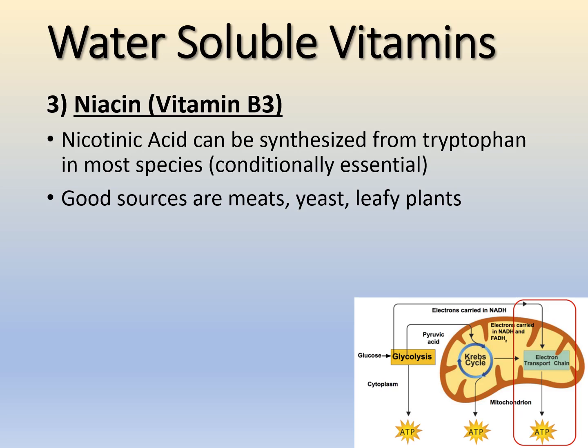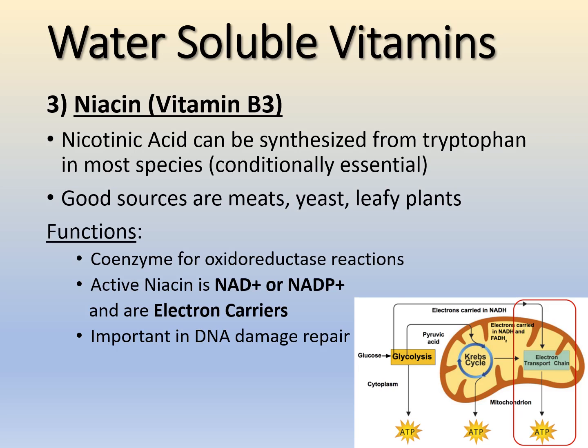So our third B vitamin is niacin, also called nicotinic acid. This is conditionally essential because we can synthesize it from tryptophan, which is one of our amino acids, in most species. So sometimes we don't need it if we can synthesize it from an amino acid. That's why we call it conditionally essential. Some good dietary sources would be meats, yeast, and leafy plants.